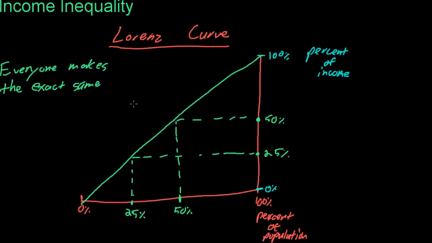And you can see 25% of the population controls 25% of the income, 50% of the population controls 50% of the income, and so on. I could do another line for 75, but I'm just going to not because I think it'll get too crowded.